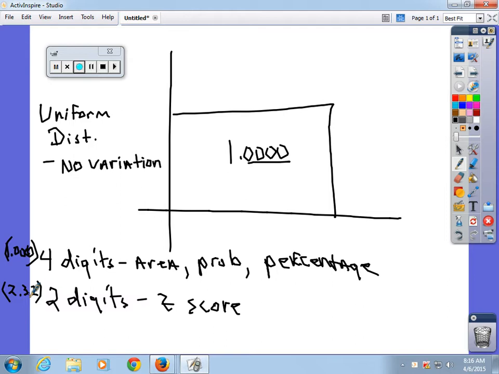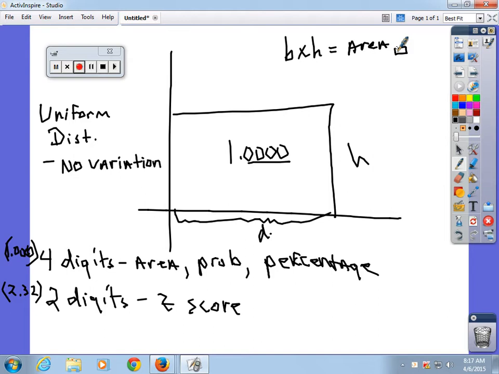Now, if the area under the curve, whether it's normal or uniform, is 1.00, and we have the distance right here, then we can figure the what? The height. Because base times height is equal to what? Area of a quadrilateral.